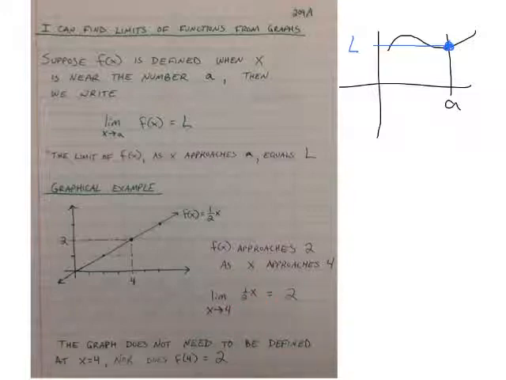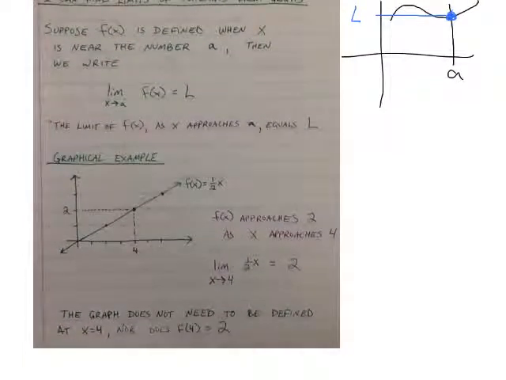And right now I know it just looks like you're looking at the y value, but shortly you'll see why that's not always the best way to interpret what's going on for calculating limits. And sometimes that doesn't even work for us. So, the graph does not necessarily have to be defined at x equals 4, nor does f of 4 have to be 2.